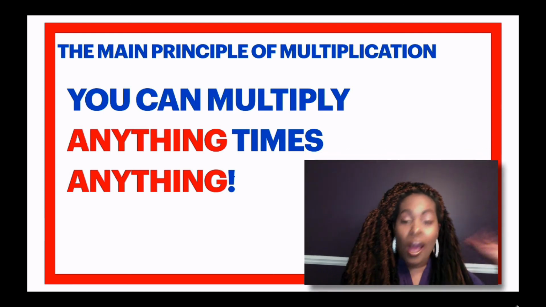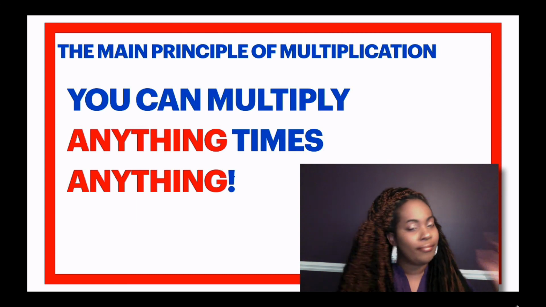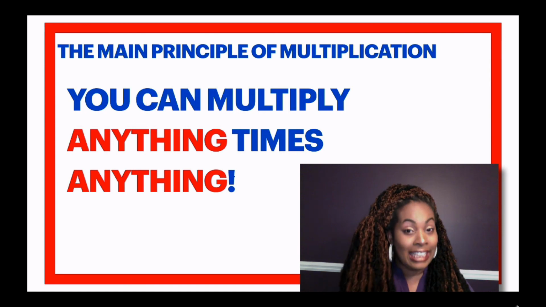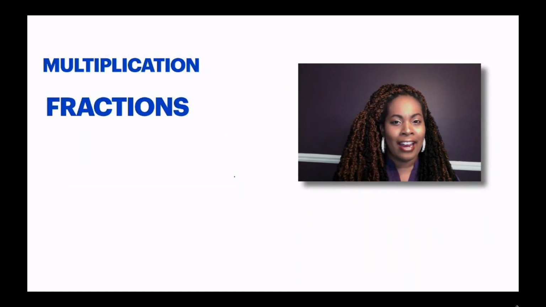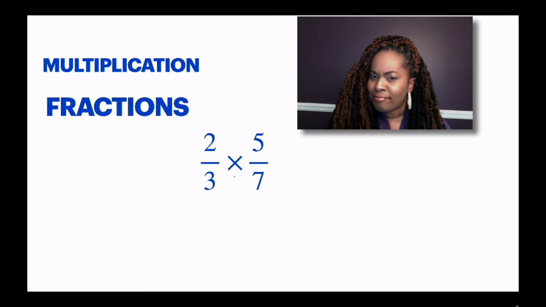You don't have to get a common denominator. You don't have to do all that stuff we did with addition and subtraction. I'm telling you, the game has changed. This is easy. So let's go ahead and give it a try. Let's multiply fractions. Now, like I said, can you multiply thirds times sevenths?